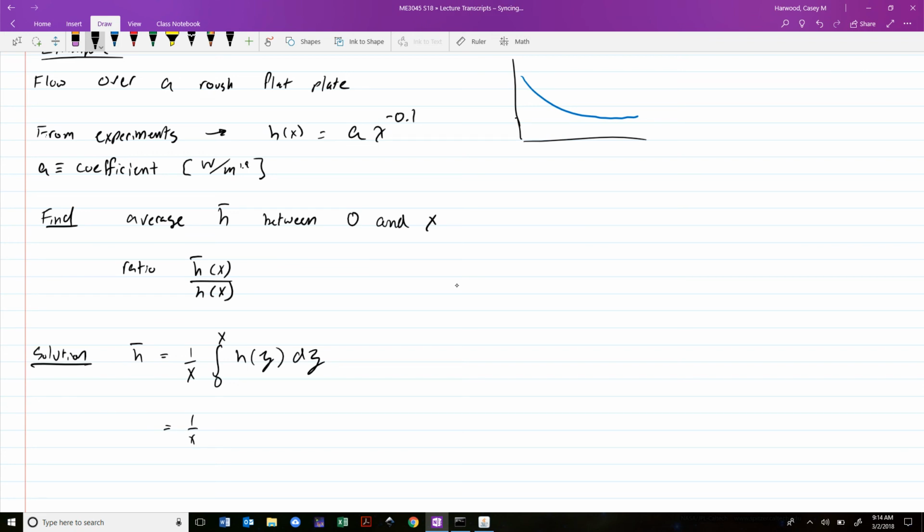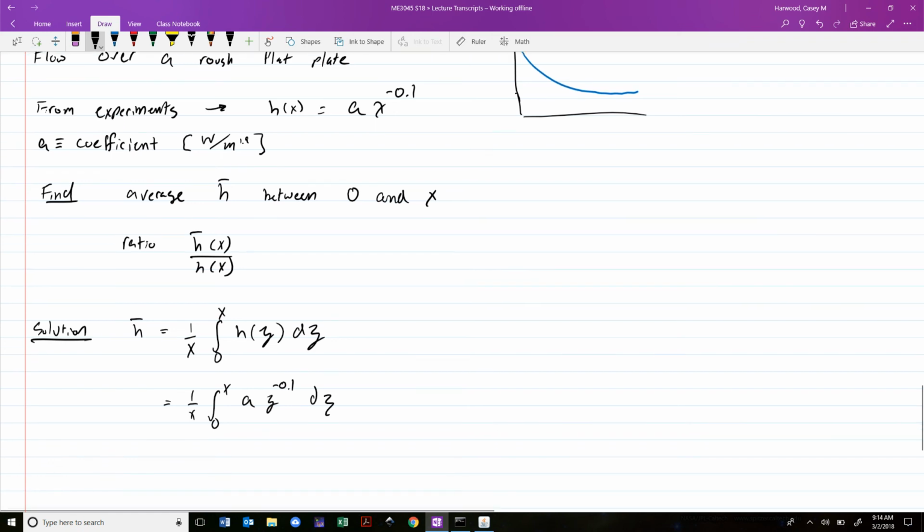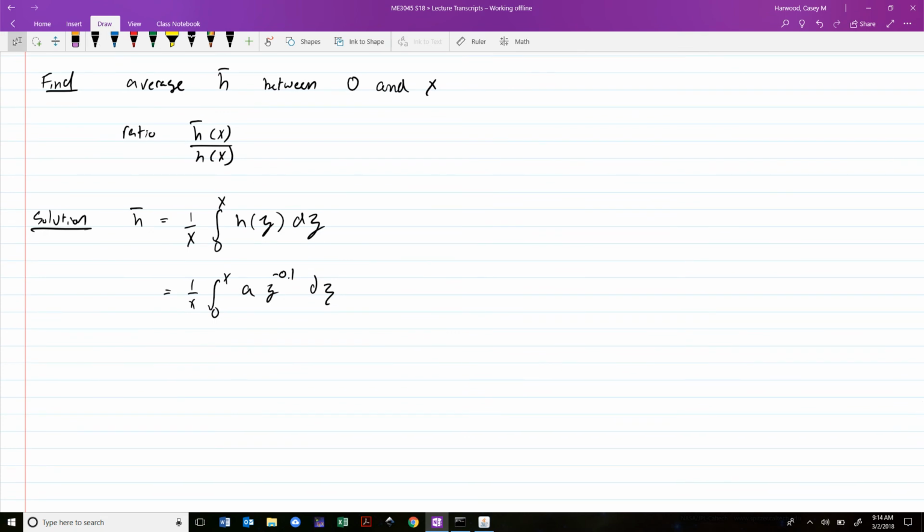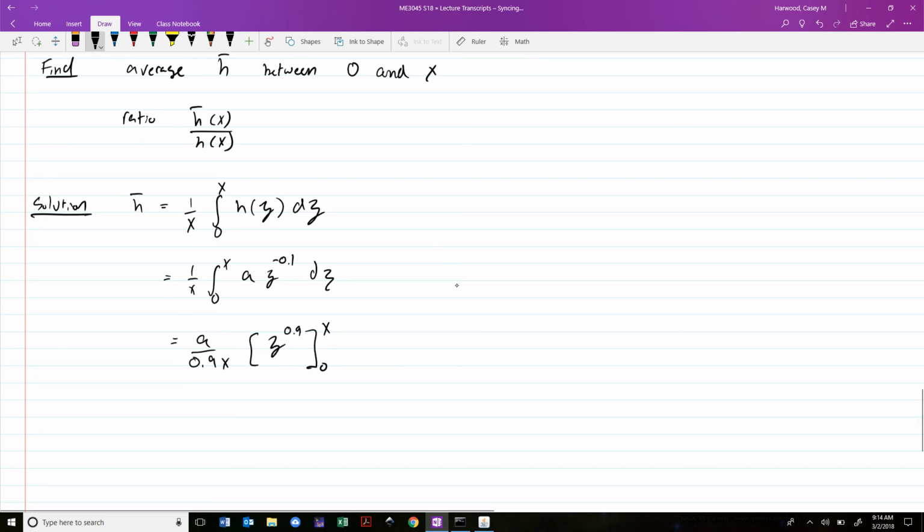This is 1 over x, integral from 0 to x of a zeta to the negative 0.1 d zeta. It's going to work out to a over 0.9 x, zeta to the 0.9th power between 0 and x. So here's our indefinite integral with our limits.